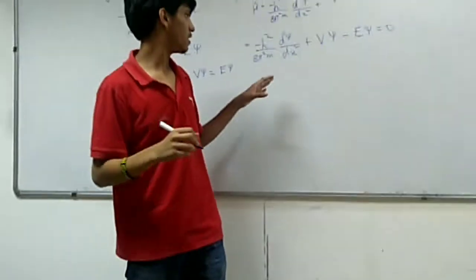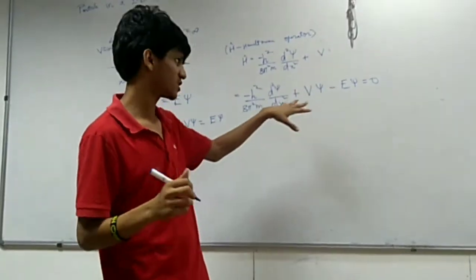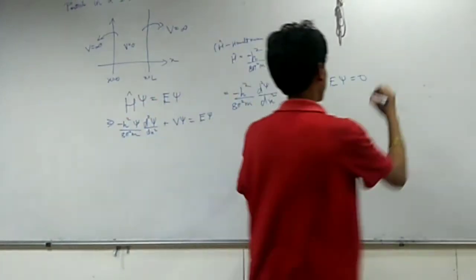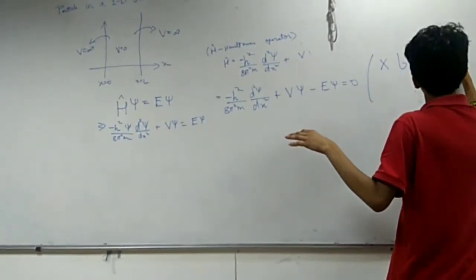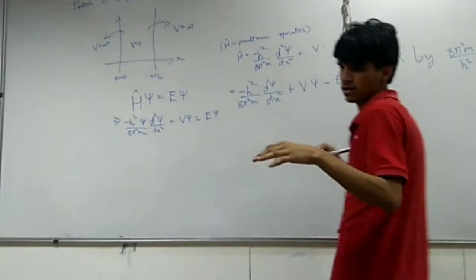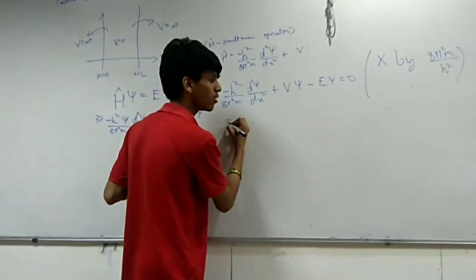On further multiplication with 8 pi square m by h square, we can make a constant multiplied by 8 pi square m by h square.